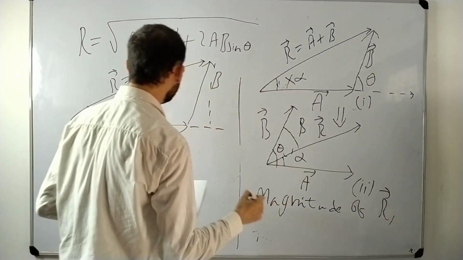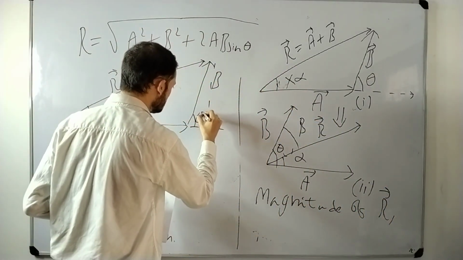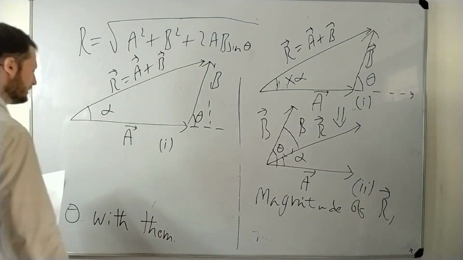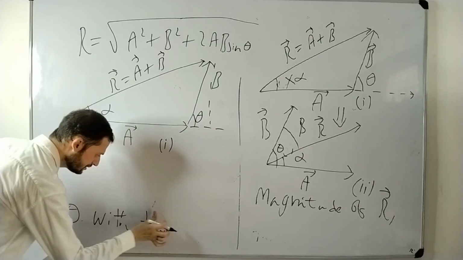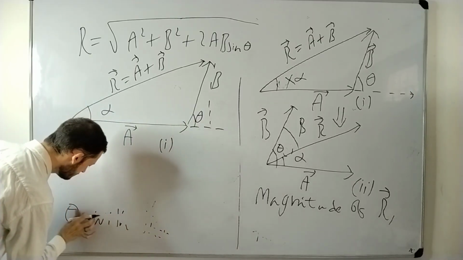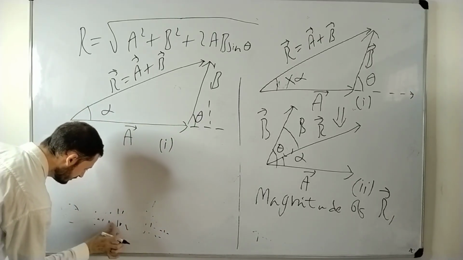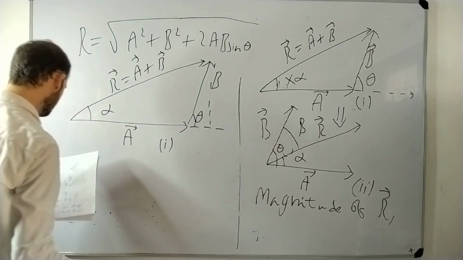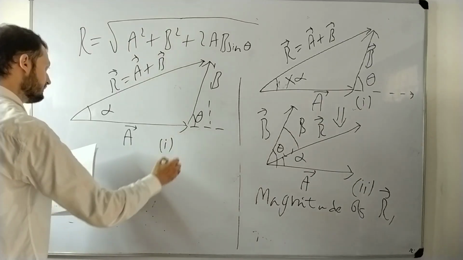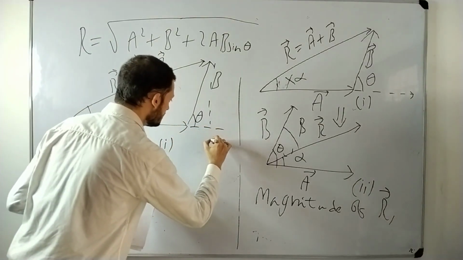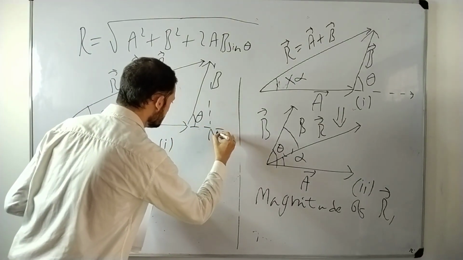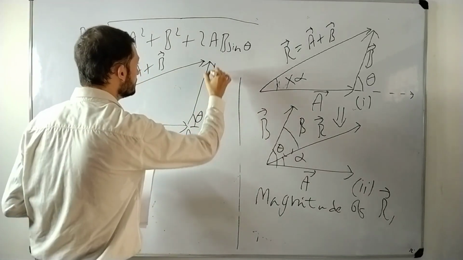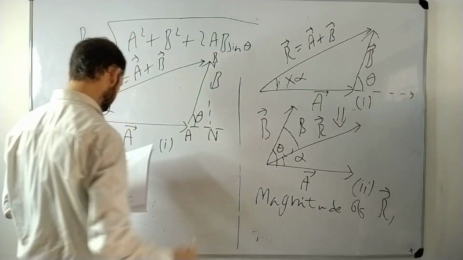So this makes theta angle here. Now let us see the derivation part. Let's see how the derivation works quite fabulously. This point is N, this is A, and this point is B.